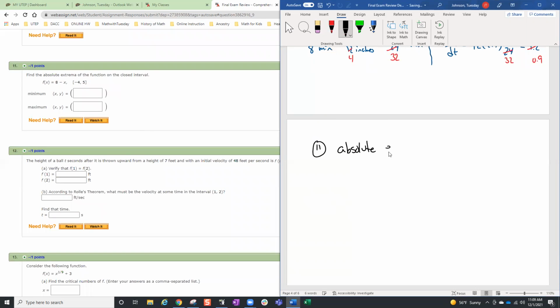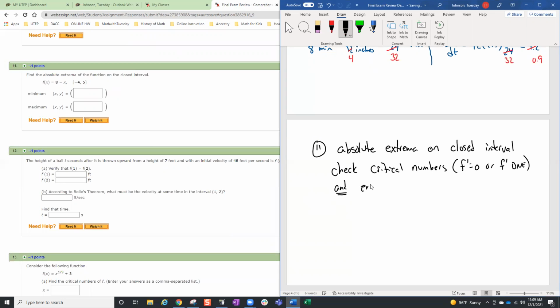Remember absolute extrema on a closed interval? We want to check critical numbers. And that's when the derivative is 0 or does not exist. And endpoints. The biggest y is the max, and the smallest y is the minimum.